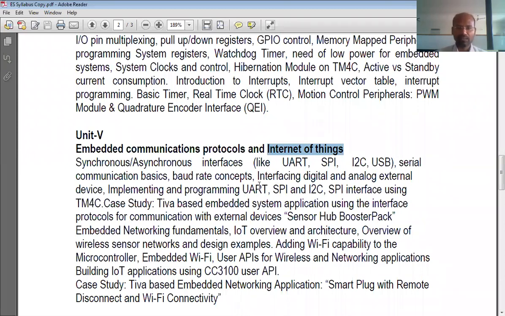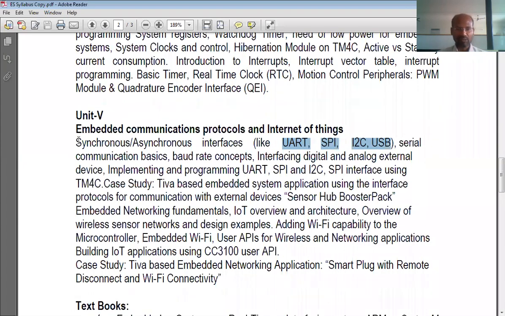That can happen through these protocols: UART, Universal Asynchronous Receiver Transmitter, Serial Peripheral Interface, I2C, USB, and some others. So you can establish communication between two embedded units through one of these or some of these or a combination of these protocols that we will see in unit 5.